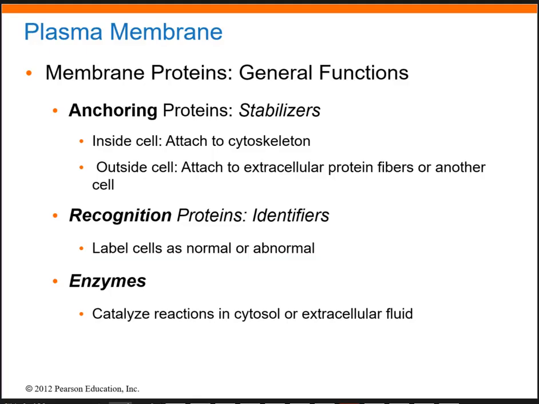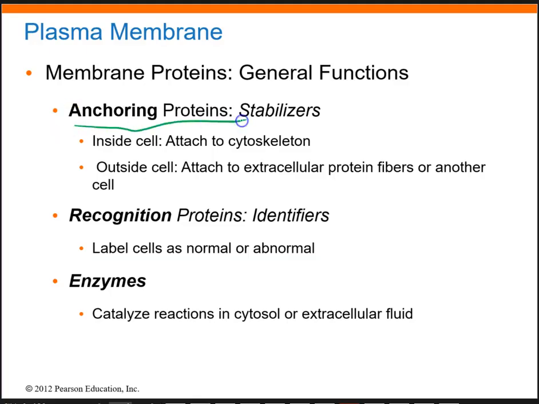Now, the plasma membrane is made out of mostly a phospholipid bilayer, but it does have proteins scattered throughout it. And those proteins are really what give the membrane all of those different functions, like allowing things to cross the plasma membrane or receiving signals. All of those special functions happen because of the membrane proteins that we see scattered throughout the plasma membrane.